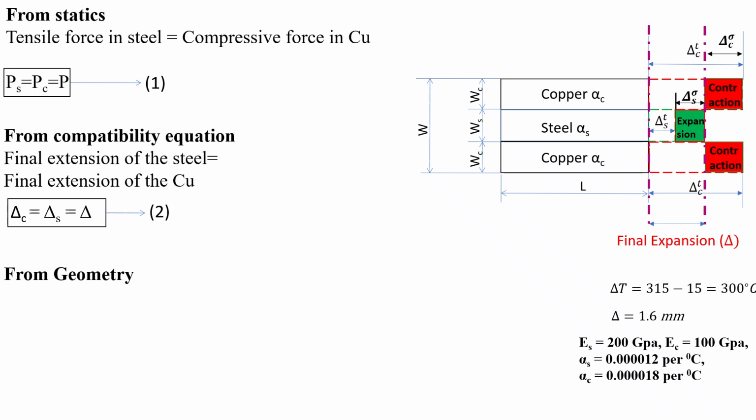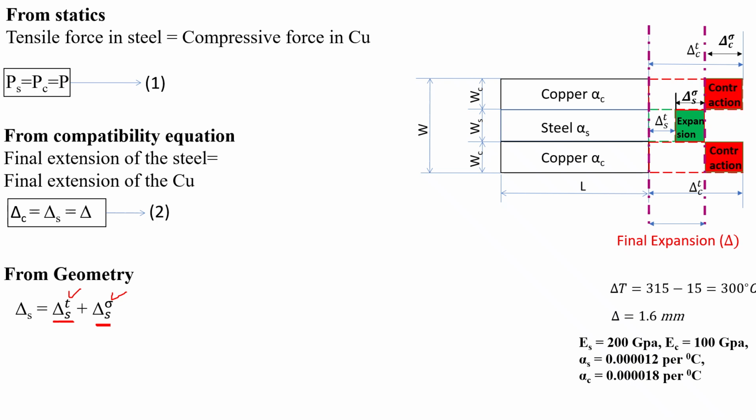And we have to observe from the geometry. Here delta S equals delta ST plus delta S sigma. So the final expansion of the steel equals the thermal expansion of the steel, that is delta ST, plus the expansion of the steel bar due to the tensile stresses.